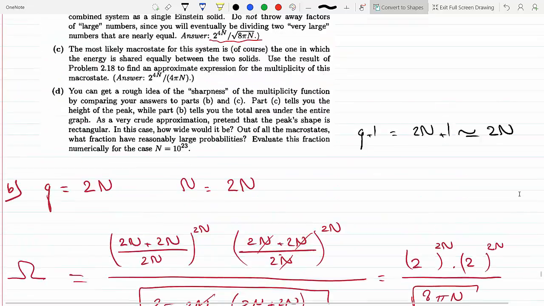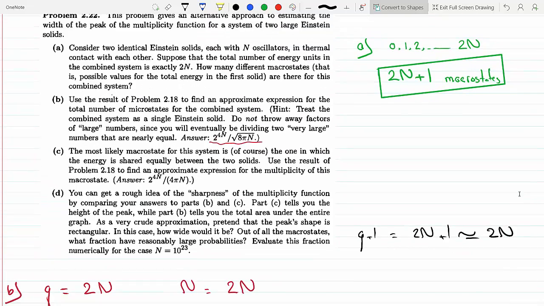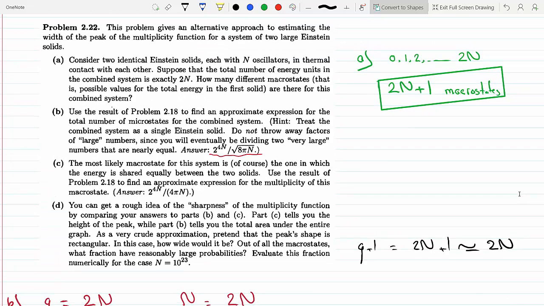Okay, so putting everything together, to summarize, this question was there to figure out the area under the graph. First, use the equation from problem 2.18 to figure out how many different macrostates there are, and then figure out the area under the entire graph by figuring out the total number of microstates of the combined system.